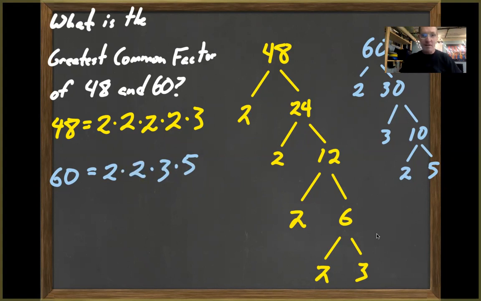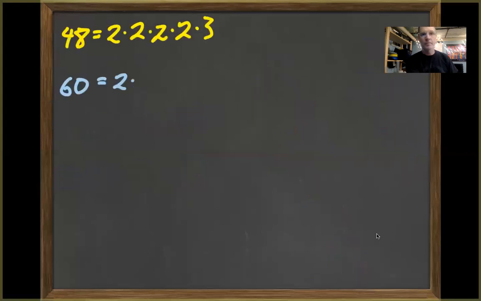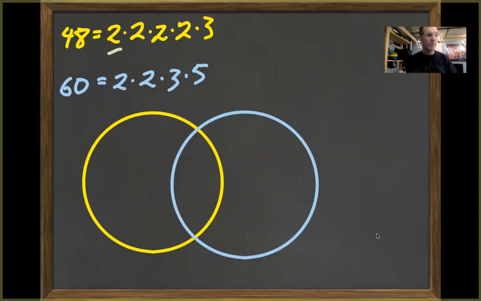Once I have this, I can use a Venn diagram to figure out the greatest common factor. So let's take a look. Here's a Venn diagram. A Venn diagram is just two overlapping, intersecting circles, and it creates a little intersection here.